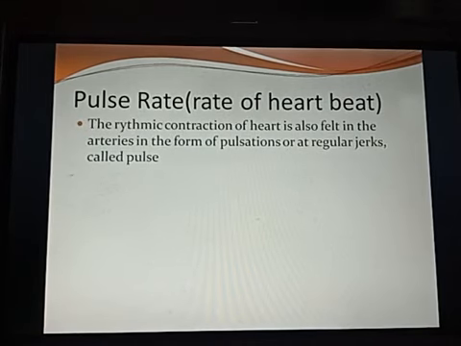The rhythmic contraction of the heart can also be felt in the arteries in the form of pulsations or small jerks. The blood in the arteries flows in the form of spurts or jerks. That can be felt, and this is called the pulse.